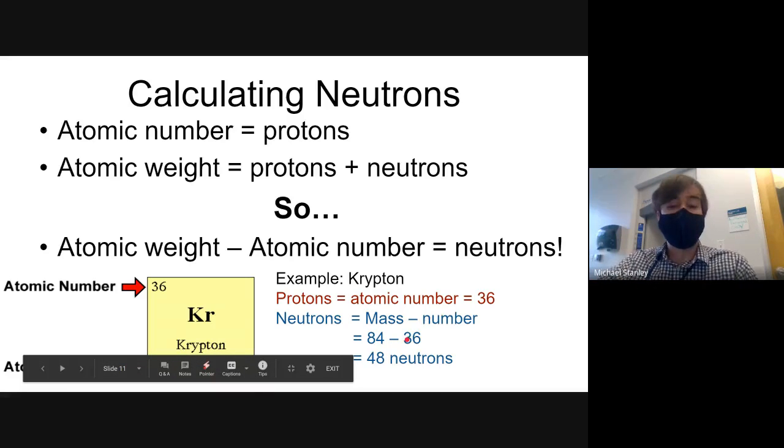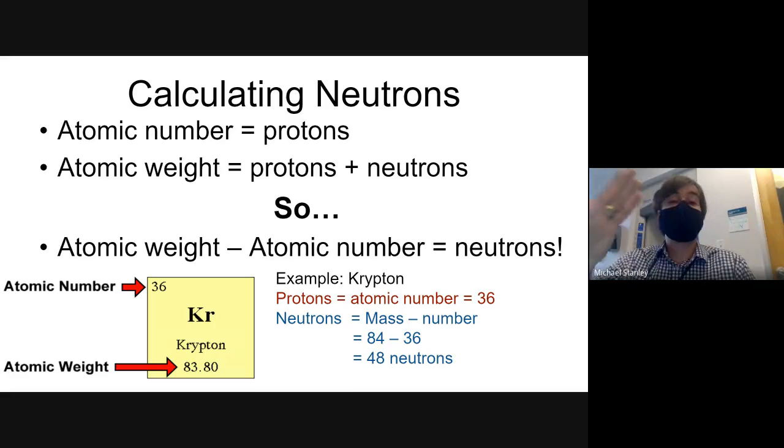And the atomic number is 36. So 84 minus 36 will give us 48 neutrons. So that is how you calculate the number of neutrons. You take the weight, you subtract the protons, and that will give you the number of neutrons.